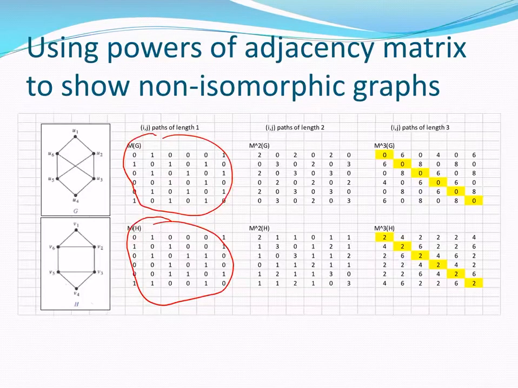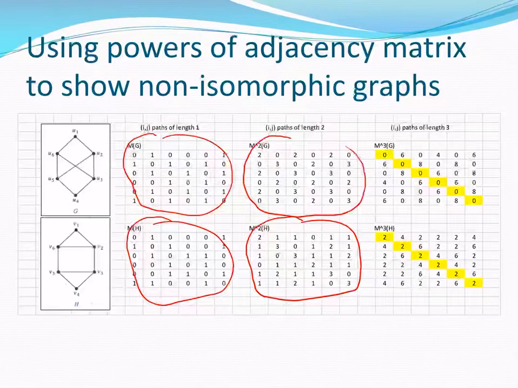They have the same numbers of 1s and 0s. If I square the matrix, I do have some 1s in the resulting matrix for H, and no 1s in the resulting matrix for G, and so I could conclude right away that they're not going to be isomorphic.